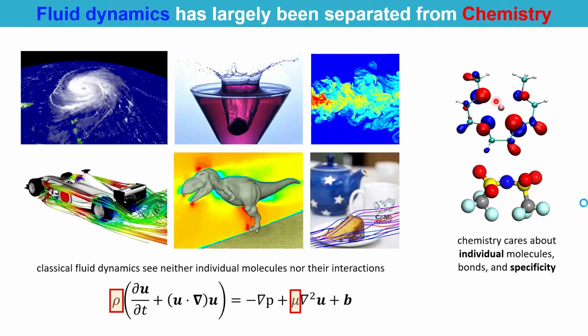That is, if we have molecule A and molecule B, the shape and the size and how atoms are arranged make a great deal of difference. And chemists are very obsessed with studying this kind of thing. This can also be appreciated by looking at the fundamental equation in chemistry, the Schrödinger equation.